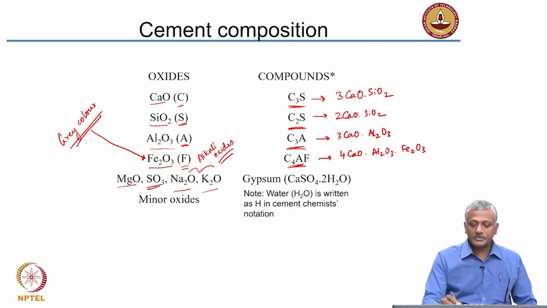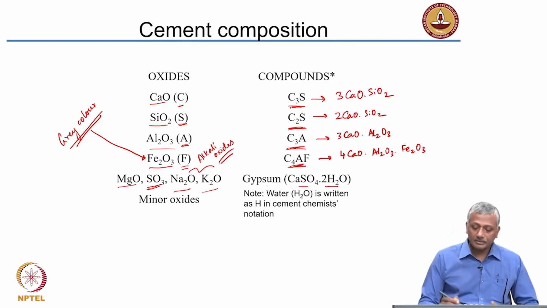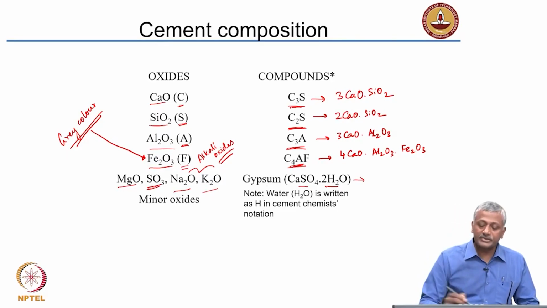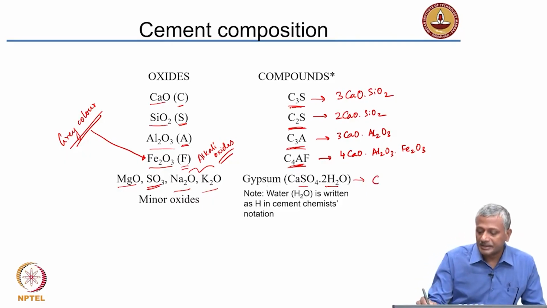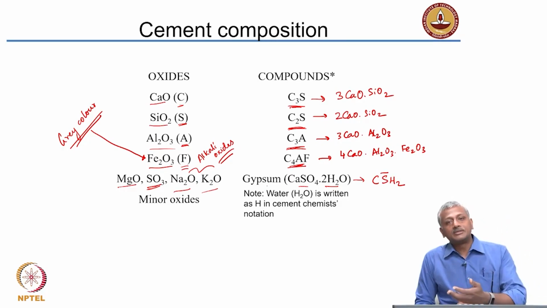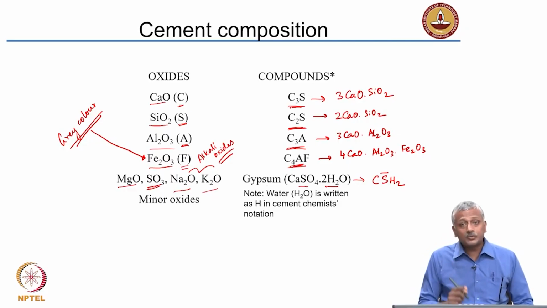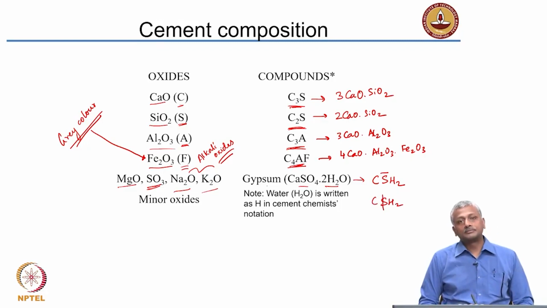Gypsum, as you all know, is calcium sulfate dihydrate, CaSO4.2H2O, right? And if you want to write gypsum in the language of cement chemists, you would be writing it as C, S with a bar on top, H2, or sometimes it is written as CS̄H2.